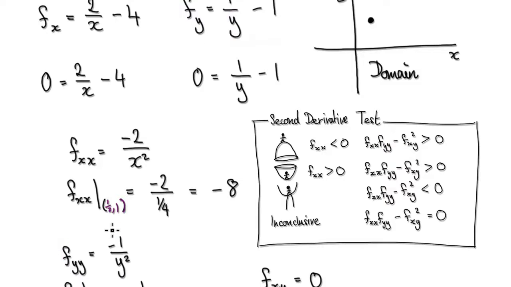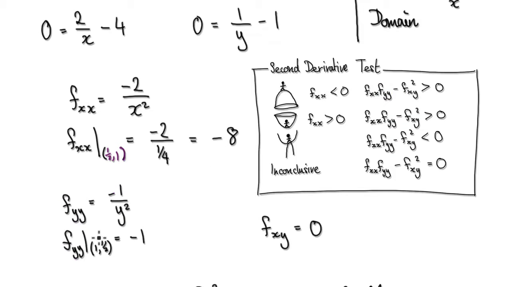Now we need to evaluate it at (a half, 1), not (1, a half), because that was a mistake. So we need to evaluate it at a half, 1.